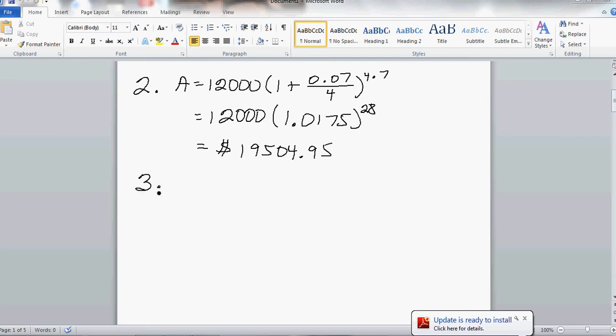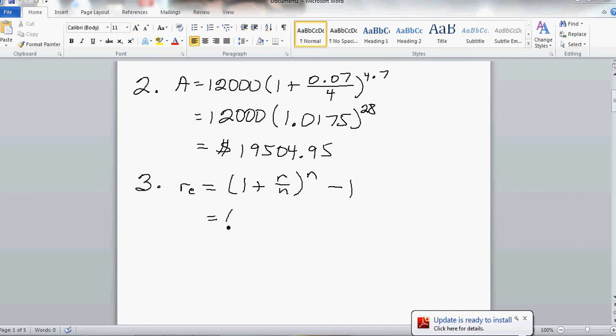3 and 4 ask us to find the effective rate, and we need to remember that one. The effective rate is equal to 1 plus r over n raised to the n minus 1. So you'll need to remember this formula as well. And we are asked, it's 75.06% compounded daily.